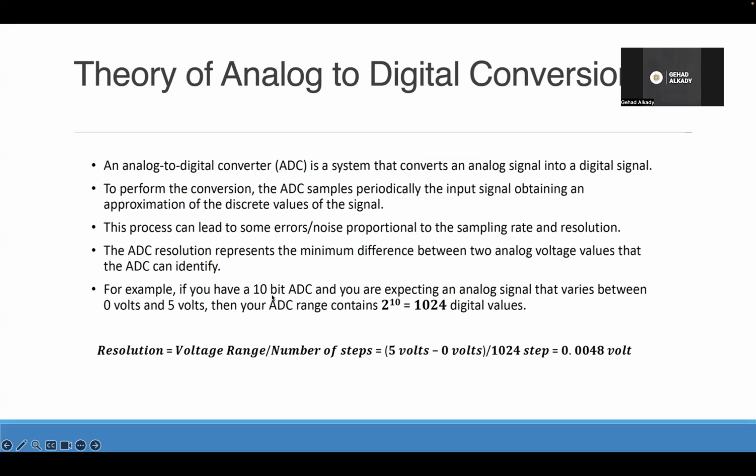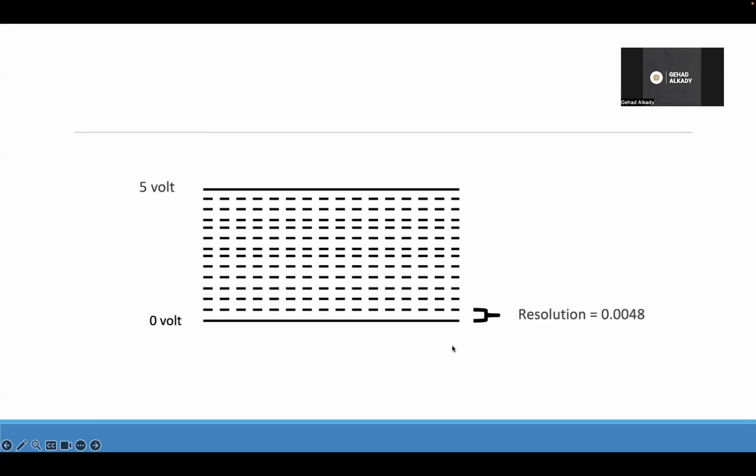So if we have, for example, a 10-bit ADC, 2 to the power 10 is the number of steps that the ADC has, which is 1024. By calculating this equation, we will have a resolution of 0.0048. So if we look at this figure, we will see that the minimum difference between the 0 volt and the next level of voltage is 0.0048.